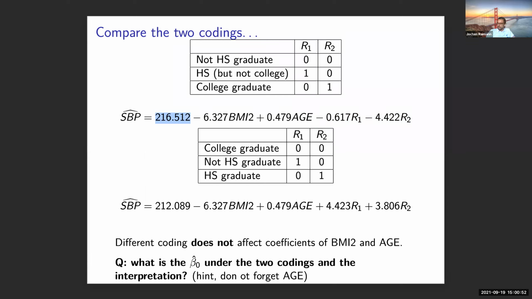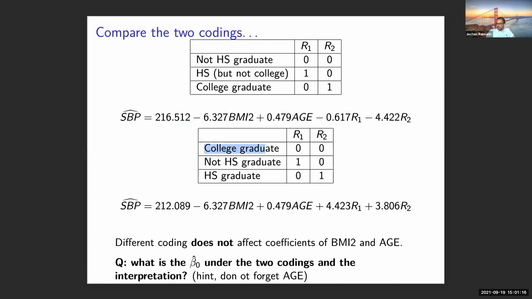Whereas this here, where we have changed the reference group to reflect, and this I need to change. Okay, it doesn't matter. So the reference group is actually college graduates.